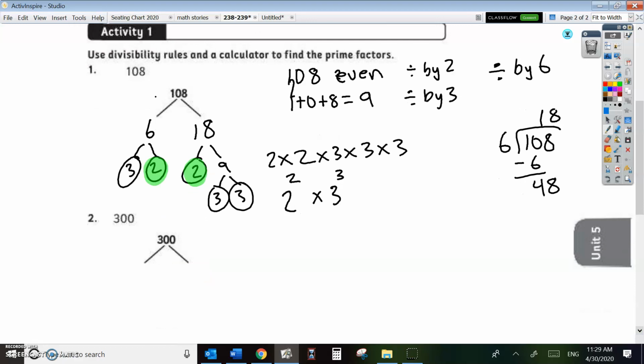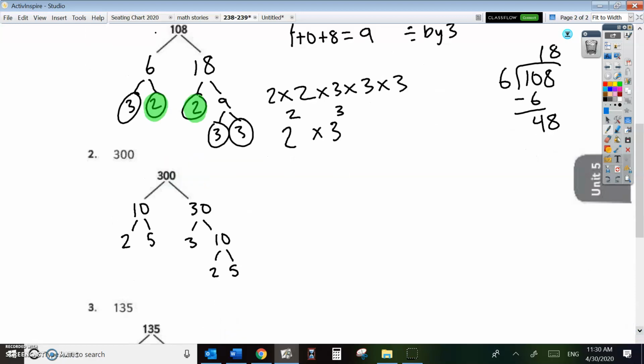Now let's work 300. We know it's divisible by 10, so let's just use 10. And then these are composite numbers, so let's break them into their prime factors, 2 and 5, 3 and 10, and 2 and 5. So let's count how many 2's. Those are prime, and there's 2 of them, so 2 times 2.